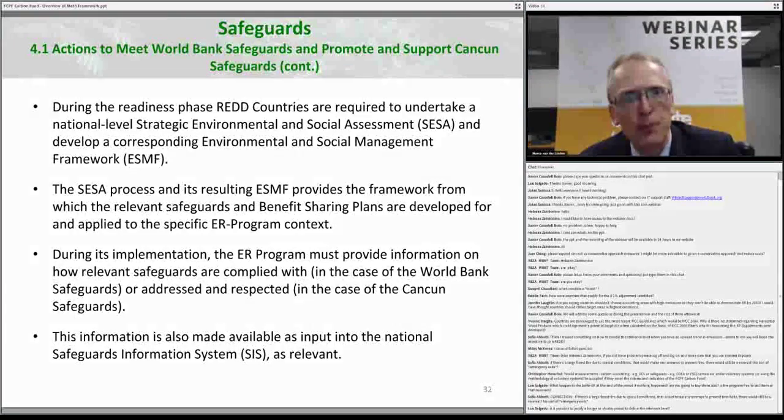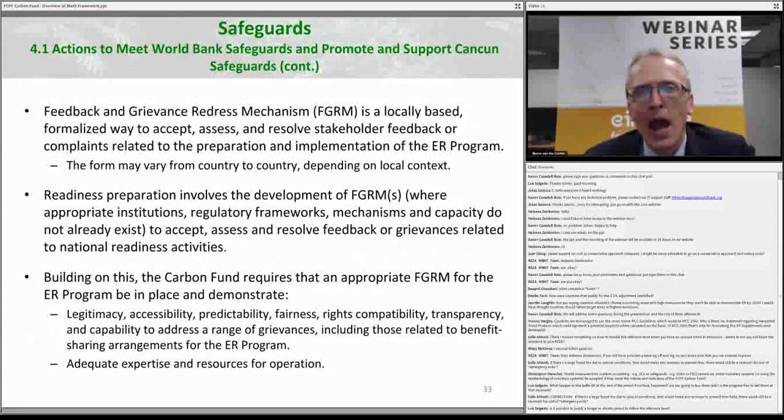As part of the safeguards process, there's also a requirement to have a feedback and grievance redress mechanism. So this is a way to accept, assess, and resolve stakeholder feedback or complaints about either the preparation or the implementation of the ER program. And again, under the national readiness, you should be already preparing a feedback and grievance redress mechanism.